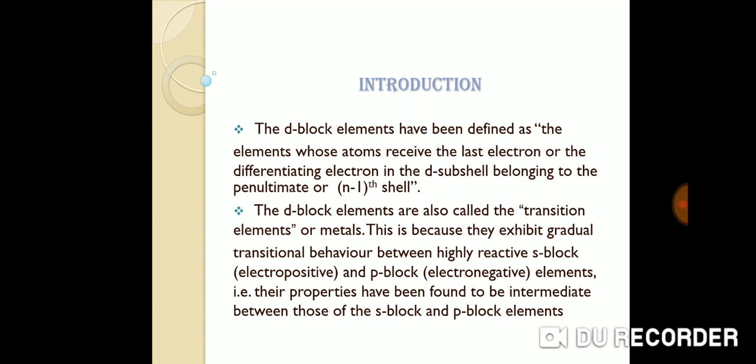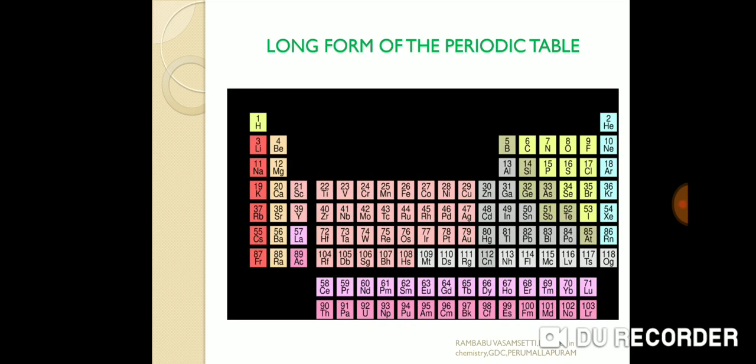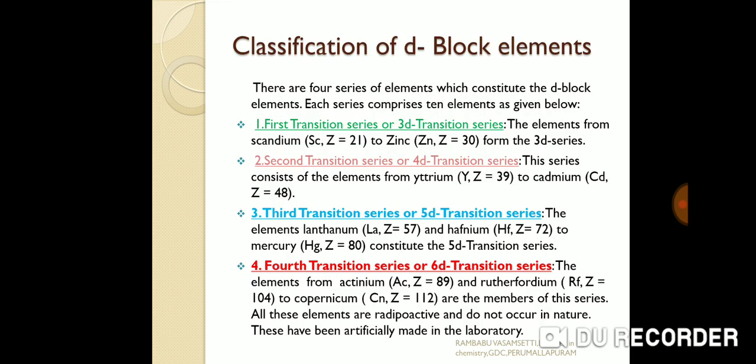So that's why these D block elements are called transition elements. And in the long form of the periodic table, the D block elements are placed in between the S and P block elements. And now we are going to the classification of D block elements.